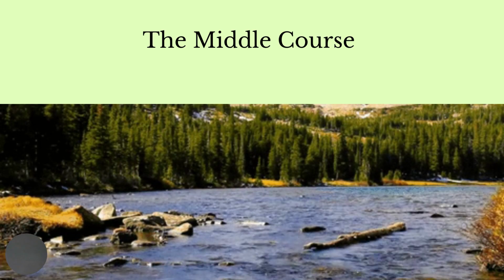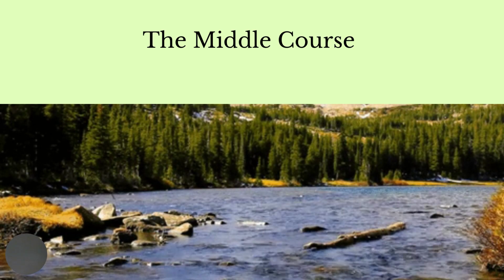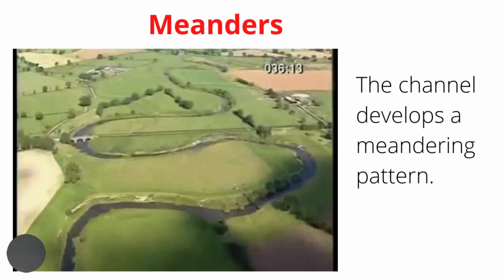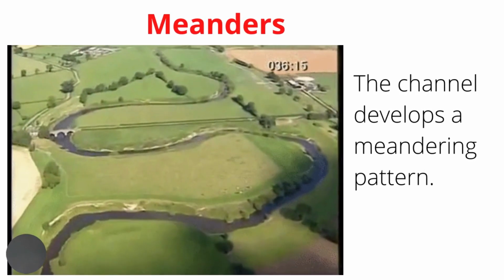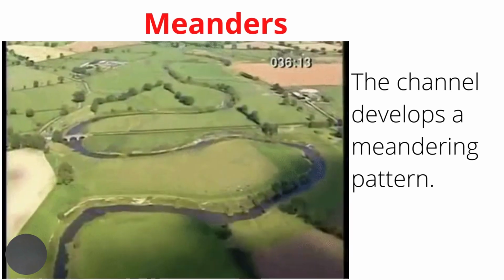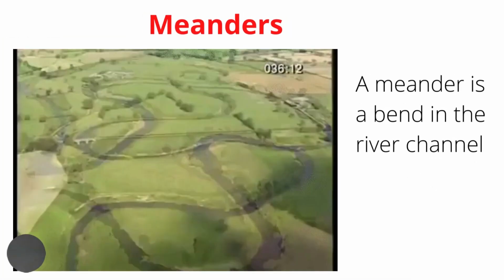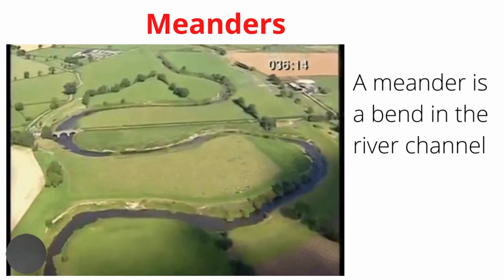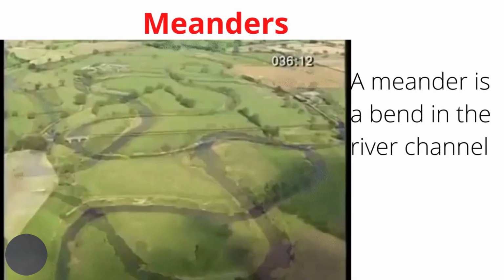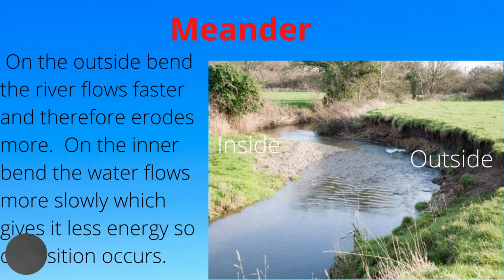Another typical feature of the middle and lower courses are meandering channels. A meander is basically a bend in the river channel. In their cross section, meanders are asymmetrical in shape.